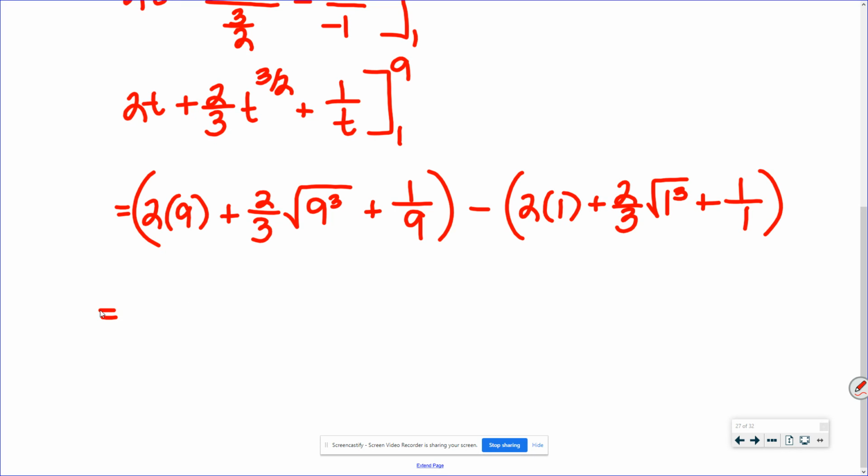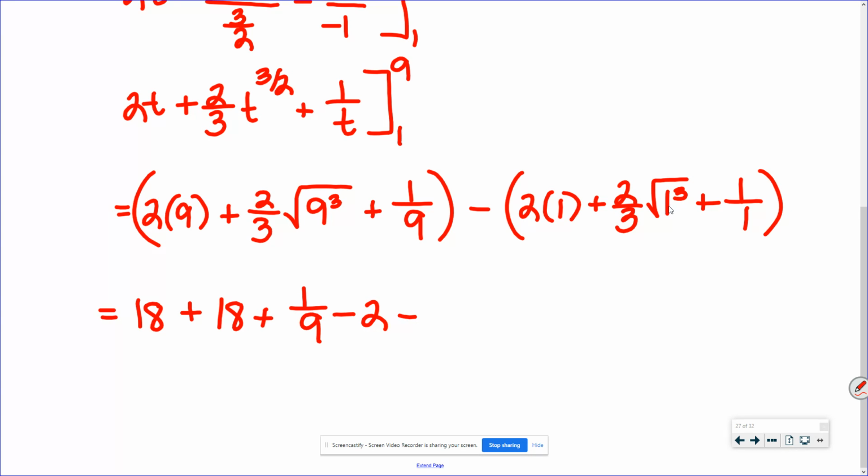All right, simplify. So 18 plus, let's see, square root of 9 is 3. 3 to the 3rd is 27. 27 times 2/3 would be 18. I'm distributing this negative as I go, by the way. So 2 times 1 is 2, but this would be a -2.